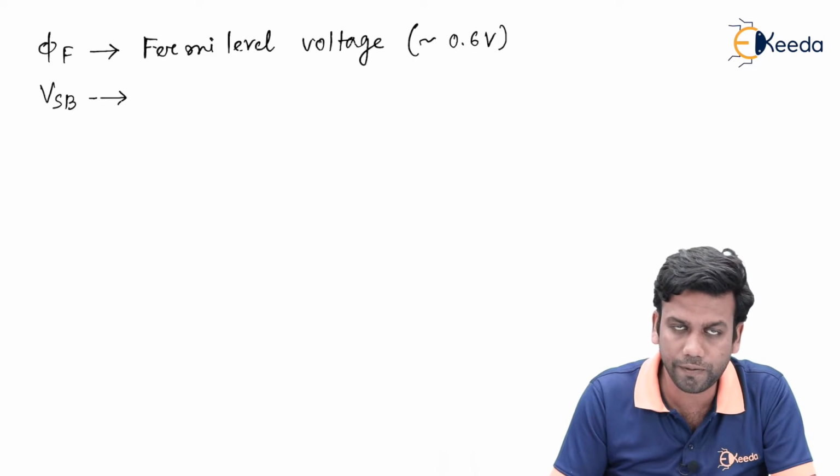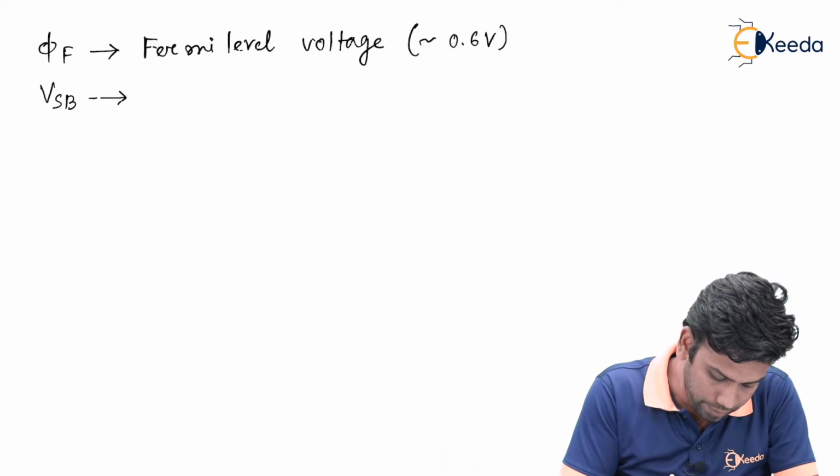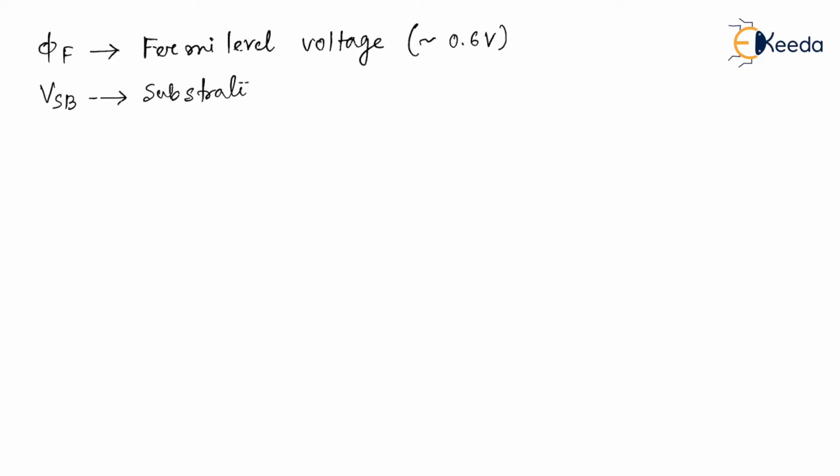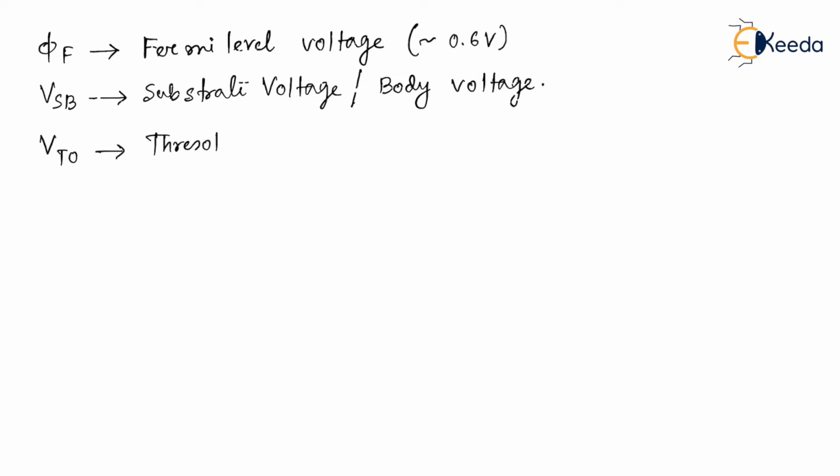is the substrate voltage, sometimes it is called the body voltage, and Vt0 is the threshold voltage when the substrate voltage is 0.